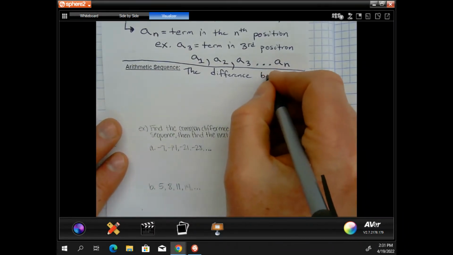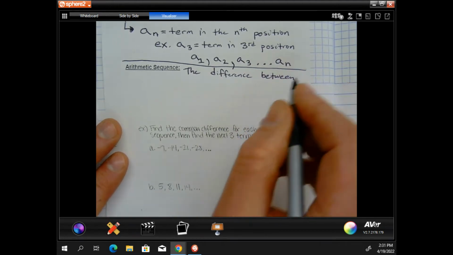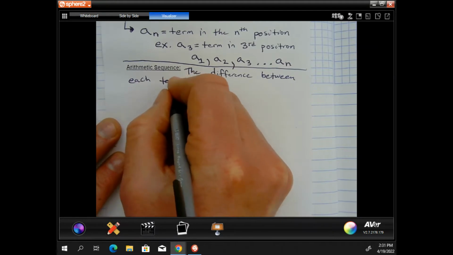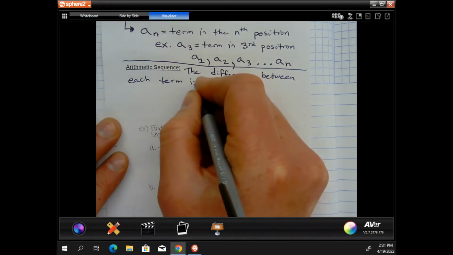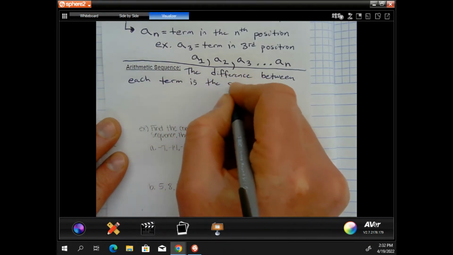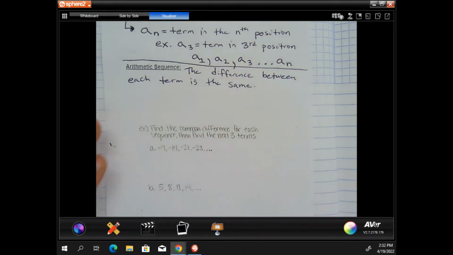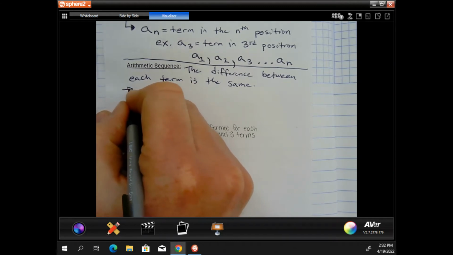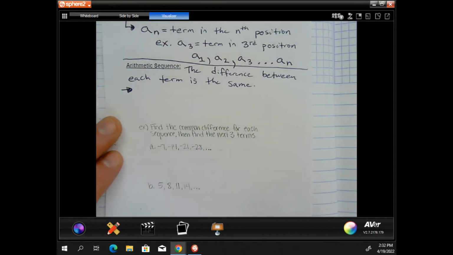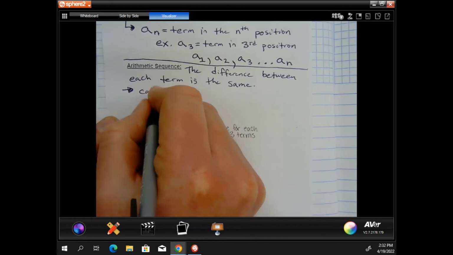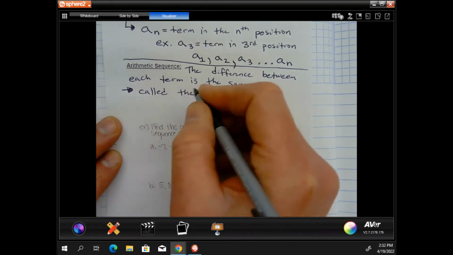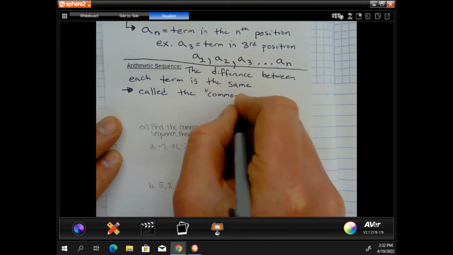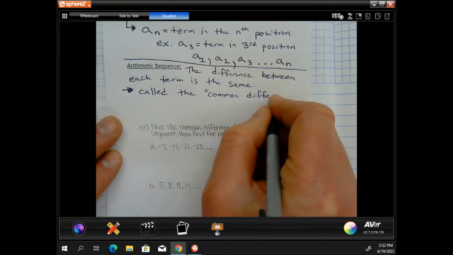It's the difference between each term is the same. We call this the common difference.